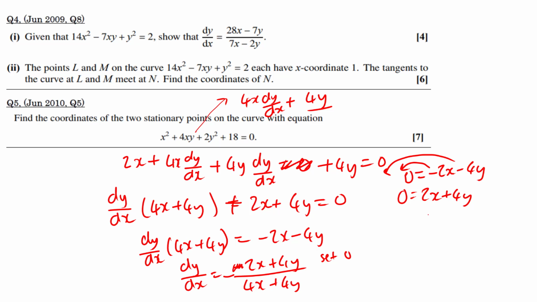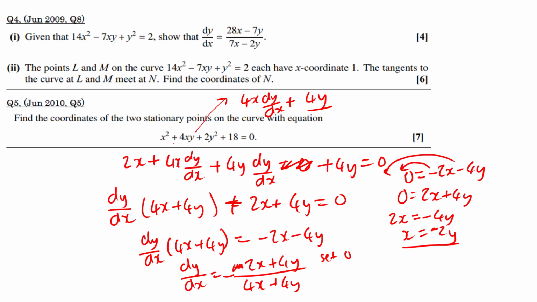Right, so find the two coordinates of the stationary points on the curve. So I think what you have to do is, you know that 2x will equal minus 4y. So x equals minus 2y. Okay? You happy with that? So you sub that into the equation.